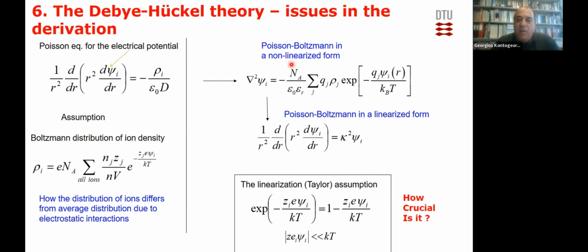Debye and Hückel arrived at the Poisson-Boltzmann equation, but in order to solve it analytically, they make the linearization assumption, and only using this assumption, they derive the full equation. The immediate question is, how accurate is the full equation compared to the non-linearized form if we solve it numerically?